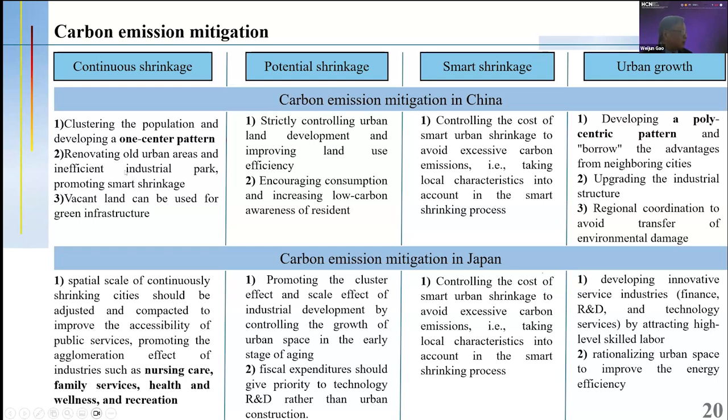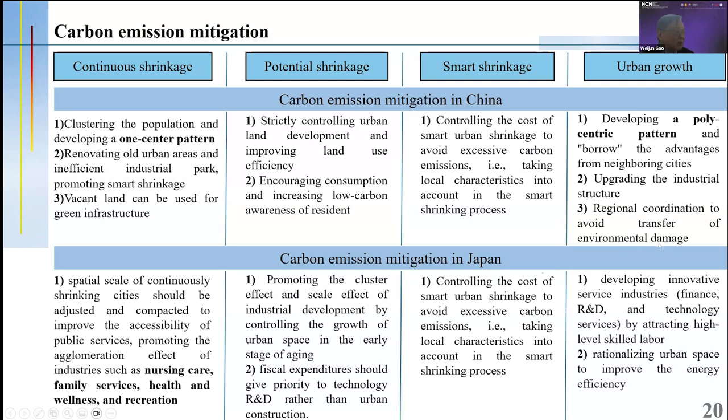Also, renovating the urban area and building efficient industry parks, promoting smart shrinkage. Also, I think here, develop a multi-center pattern and borrow the advantage from neighbor cities, upgrading the industrial structure, and regional cooperation to avoid transfer of environmental damage.